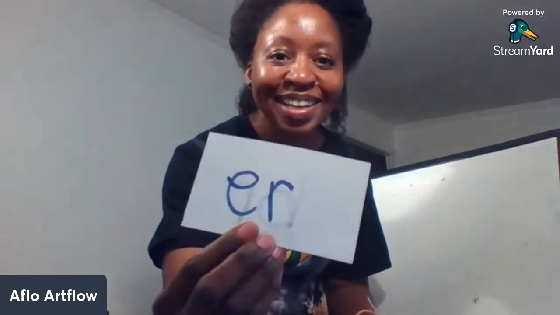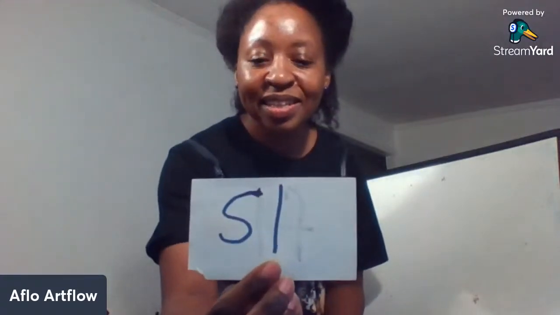Such as dinner, winter, summer. These are all words that end in the suffix, or the last two letters, of what I want you to write in the chat. Excellent, Manny 36. Good job. ER. Good job.